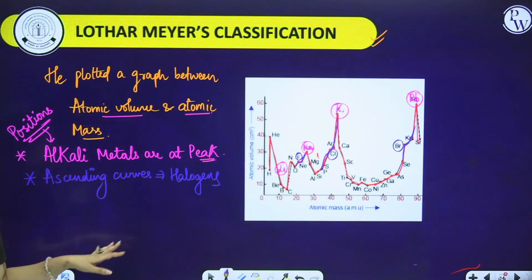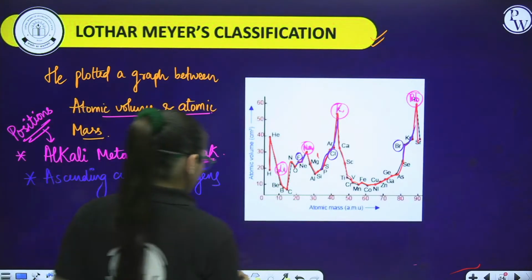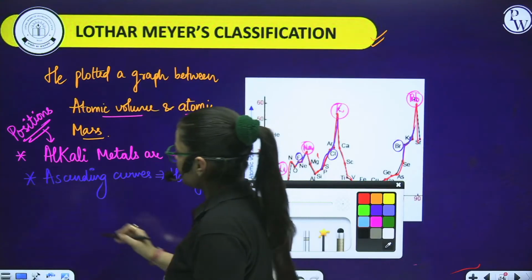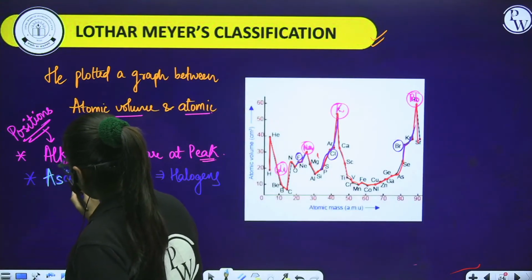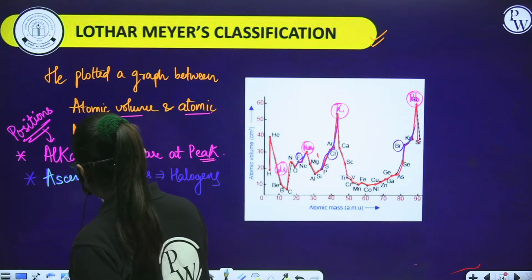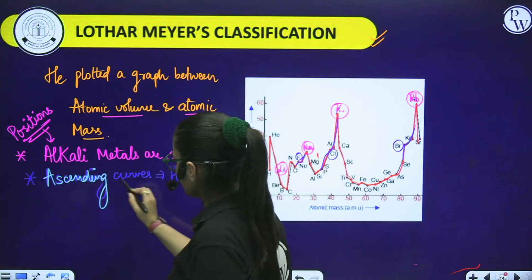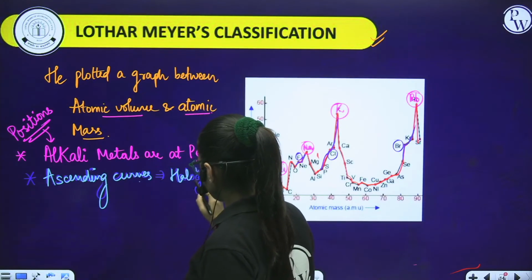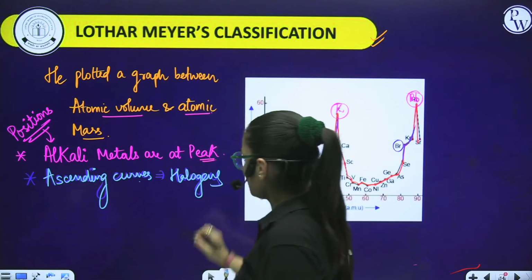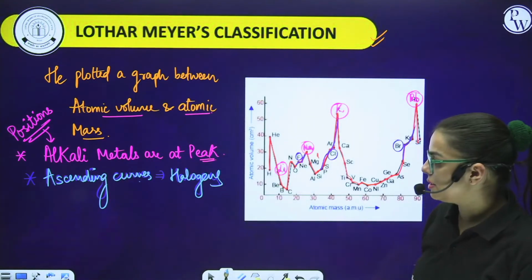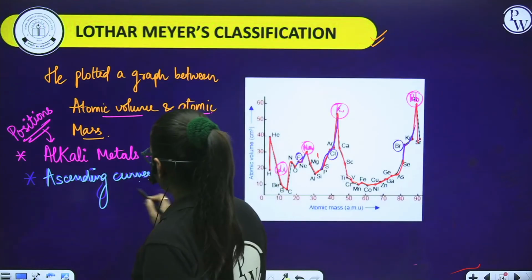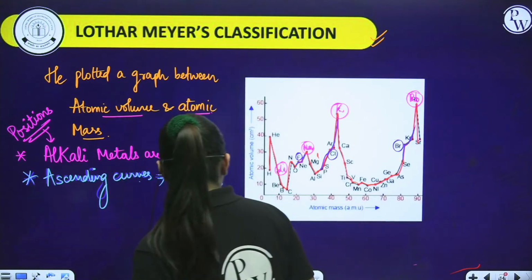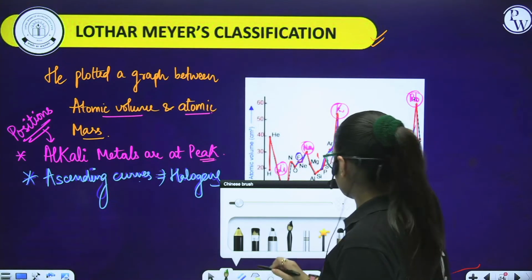I don't know whether this color is visible, so I'll write it with light blue as well. Okay, so these are ascending curves. Halogens are placed at the ascending curves. Clear, students? Now, the next observation was made at the descending curves.